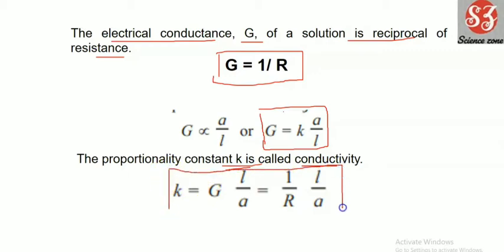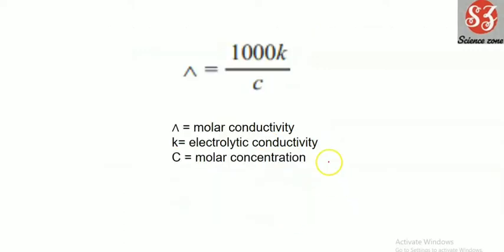First is G into L upon A, or 1 upon R into L upon A. So these are the two formulas for conductivity. If you are provided with conductance, this is the formula, and if you are provided with resistance, this is the second formula. So this is one of the important formulas.